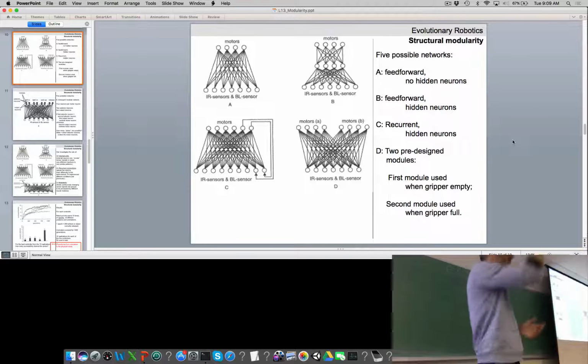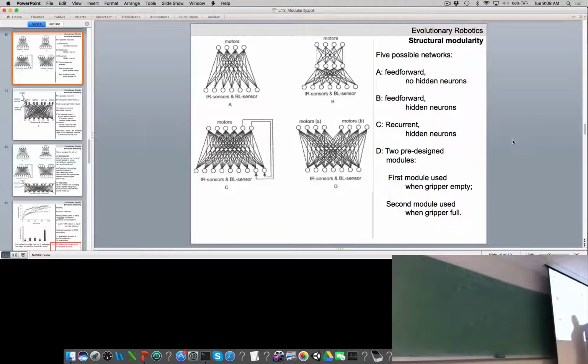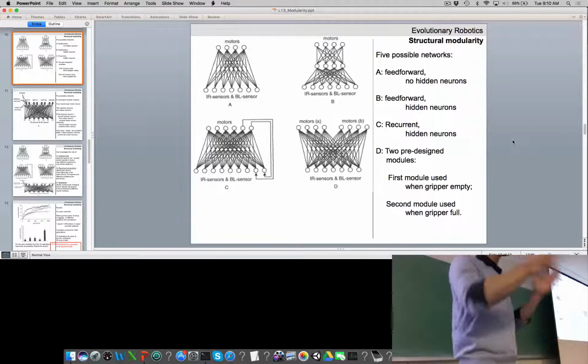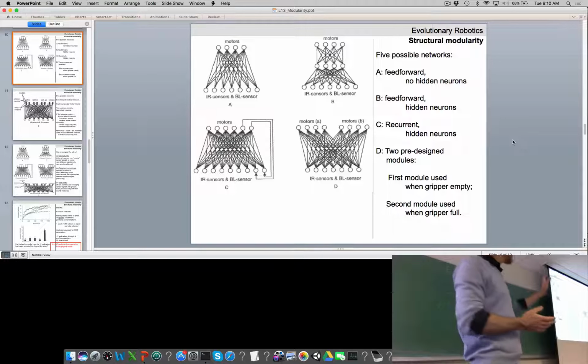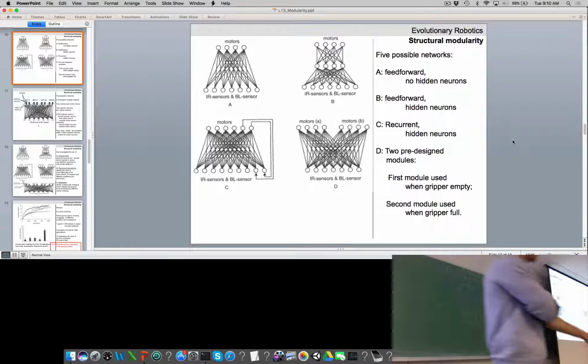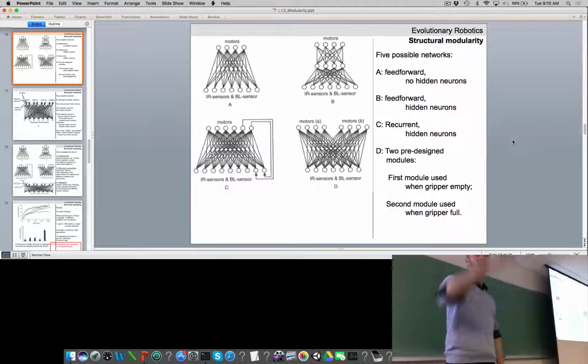So the investigators have said, we're breaking this problem into 2 simpler pieces. The robot can do this when it's not holding a sugar cube, and the robot will do this when it is holding a sugar cube. So it's going to switch its behavior depending on whether it's holding the cube or not. And evolution, as always, is just evolving all of these synaptic weights in network D.